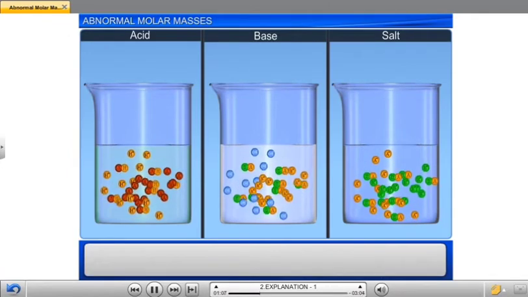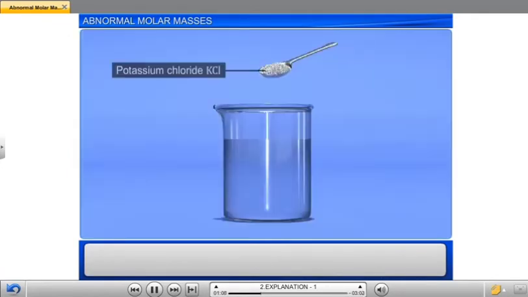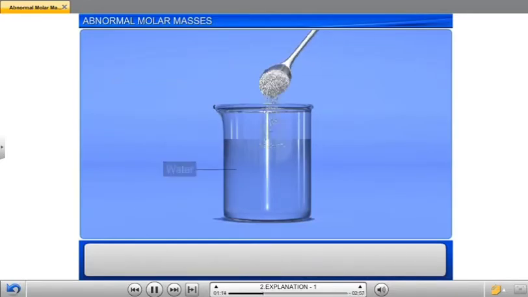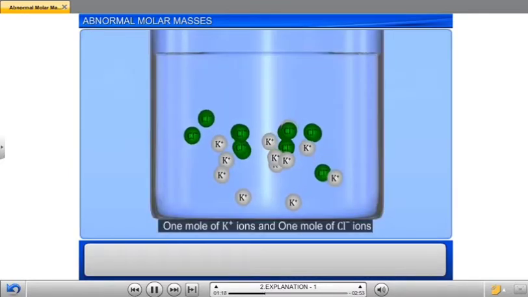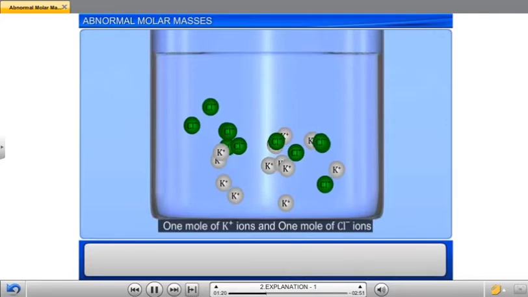For example, if 1 mole of potassium chloride, KCl, is dissolved in water, then the aqueous solution contains 1 mole of potassium ions and 1 mole of chloride ions.